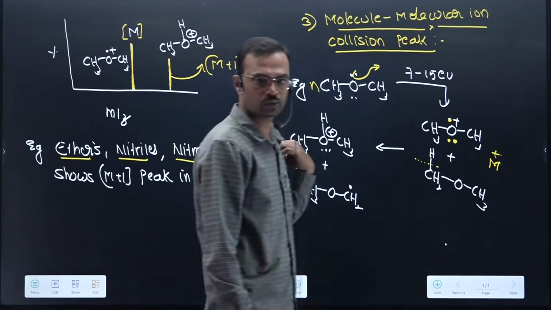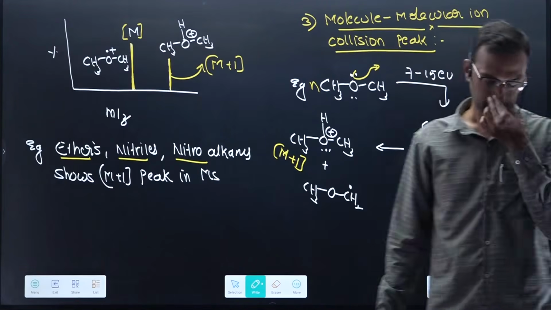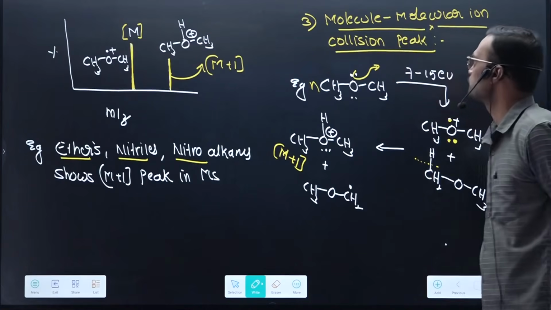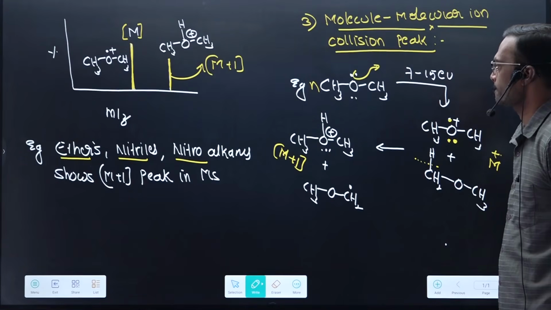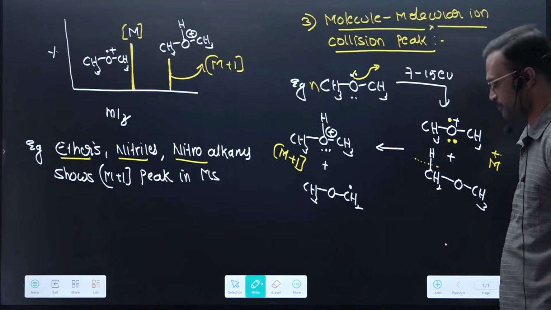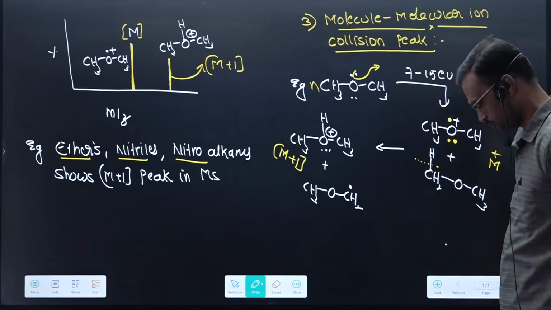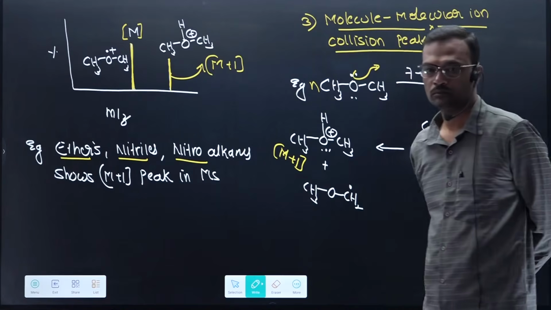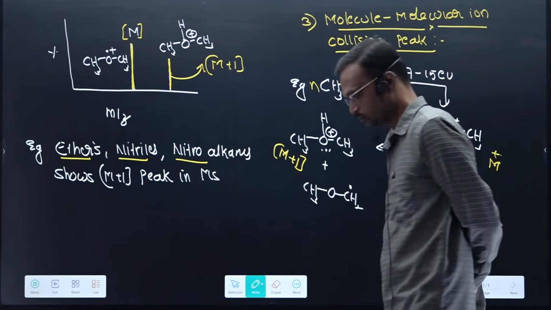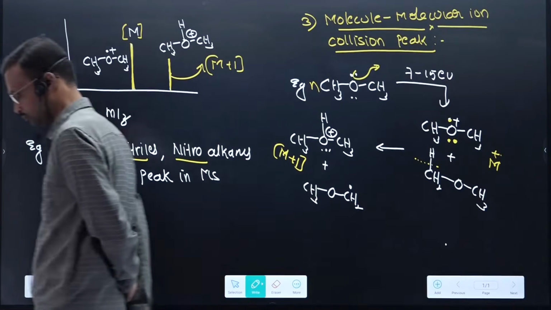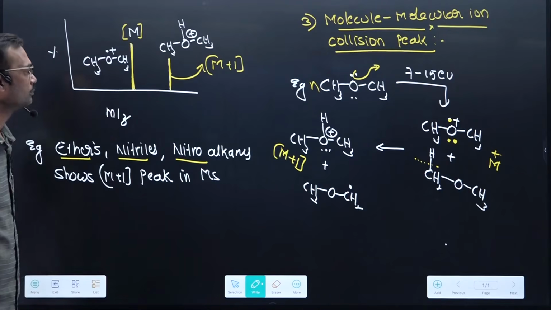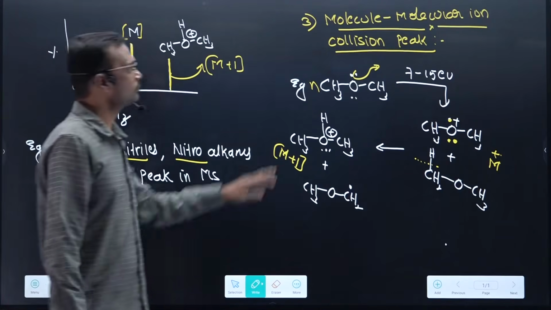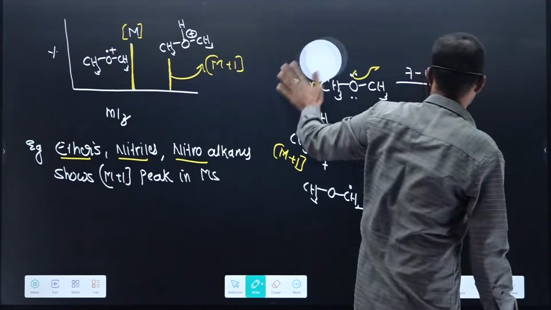All of these will show this kind of M plus 1 peak. Clear?